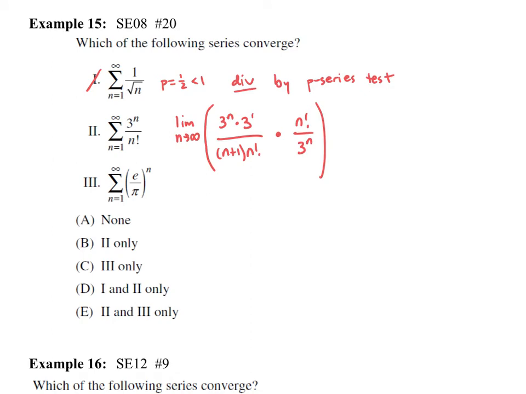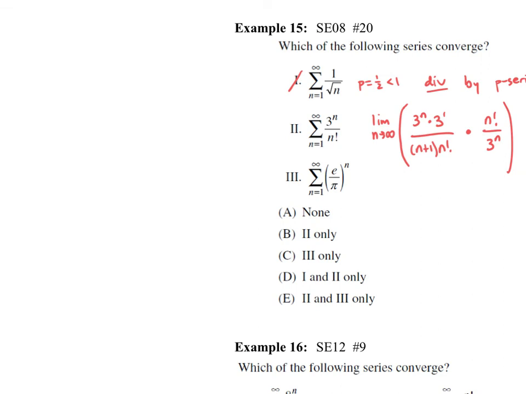So again, remember that we're ultimately taking, I'll write this over here just to make sure it makes some sense. We're taking the limit as n goes to infinity of 3 to the n plus 1 divided by n plus 1 factorial, divided by 3 to the n divided by n factorial.